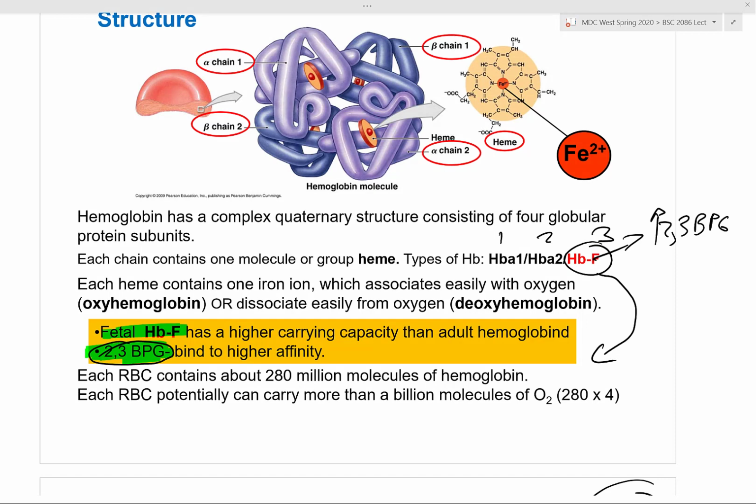So 2,3-BPG is what allows the fetal hemoglobin to bind any oxygen molecule more tightly. So please make sure you know that. That's a test question. So what gives hemoglobin F the higher affinity? 2,3-BPG.